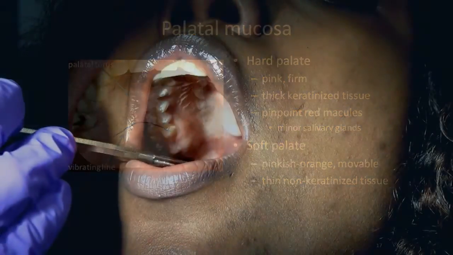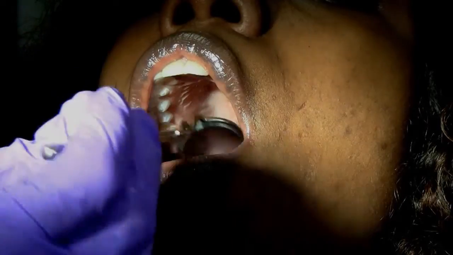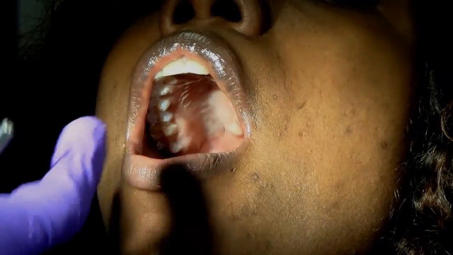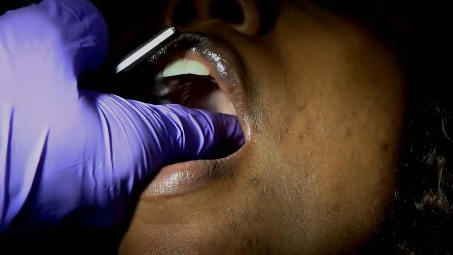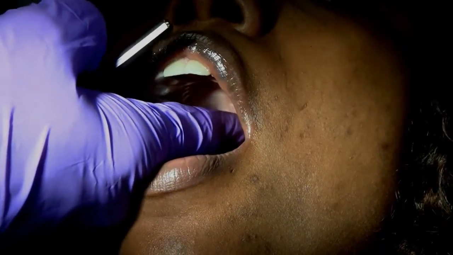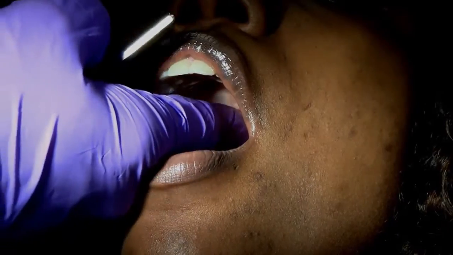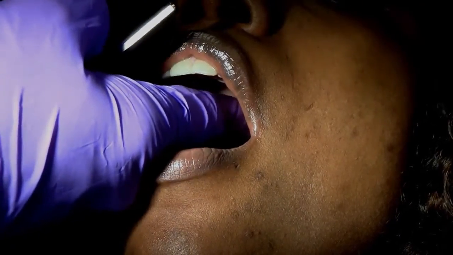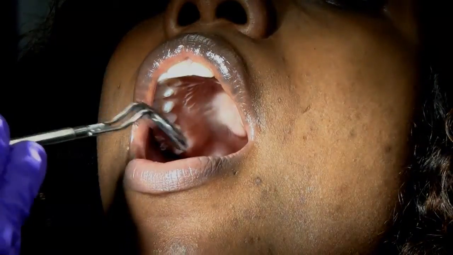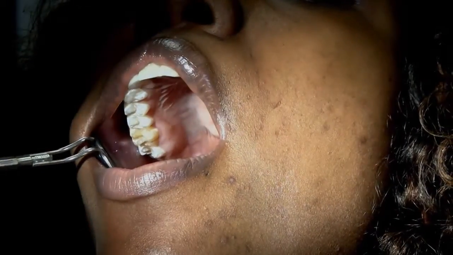And our patient happens to have what's called a palatal torus, which is a bony growth in the center of the palate. So if you palpate that, you can feel that it has firm keratinized tissue over it, and it is very firm and bony underneath. It's a totally normal pattern there. You'll see it quite often.